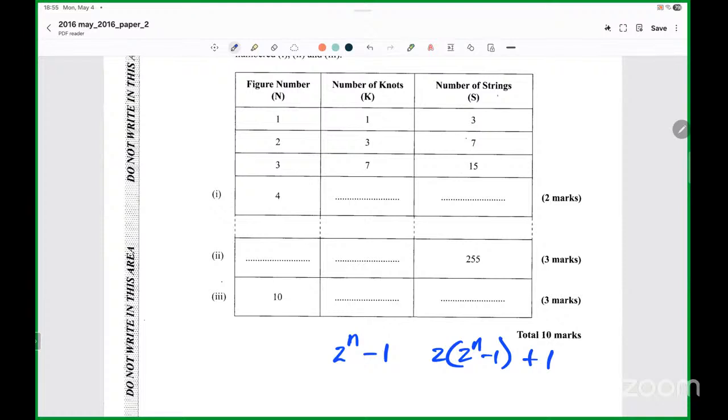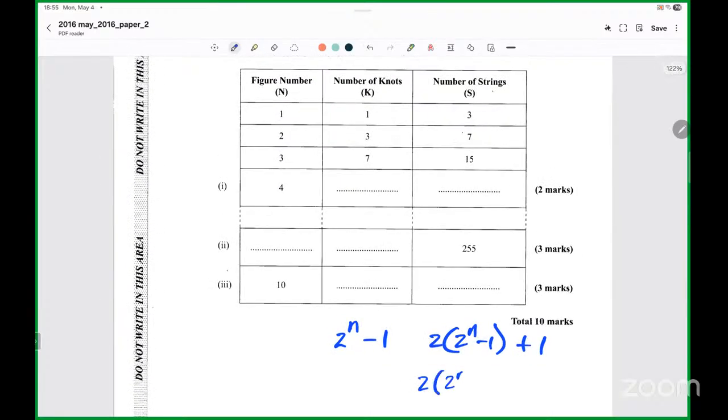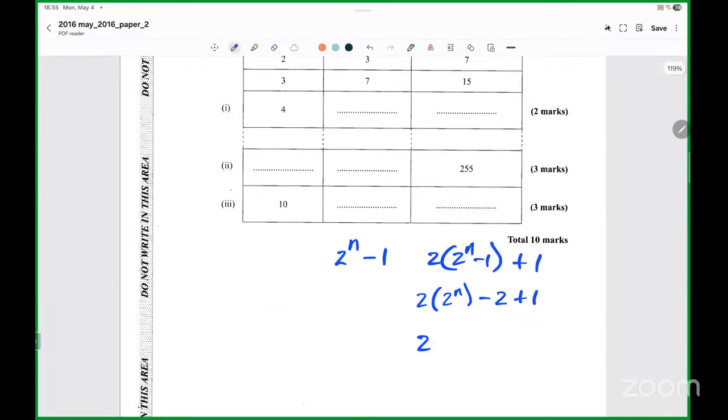And you can check it. If you multiply this out, it becomes 2 times 2 to the n, minus 2, plus 1. So it becomes 2 times 2 to the n, minus 1.